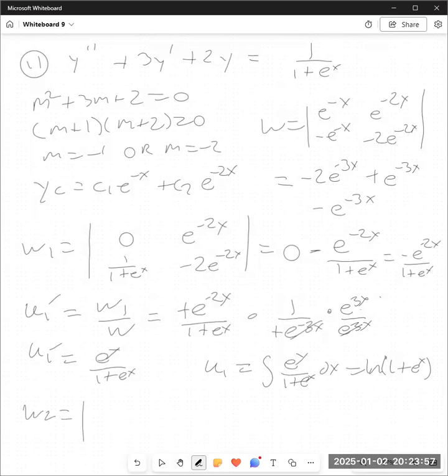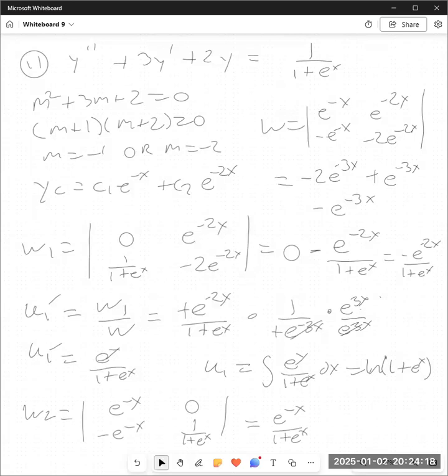W2 is equal to the determinant with rows 0, 1 over 1 plus e to the x, and e to the negative x and negative e to the negative x here. So this Wronskian will be e to the negative x over 1 plus e to the x.